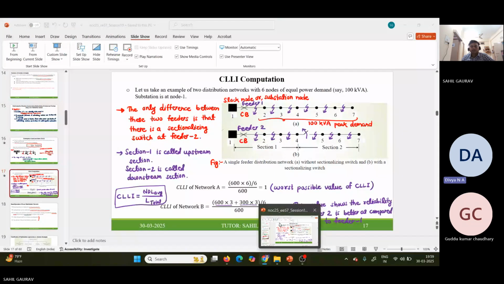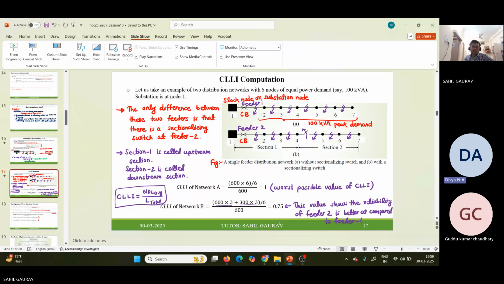So normally, is the CLLI an optimization problem, will it be a maximization or minimization problem? No, CLLI is not about optimization. Can we use this as an objective function?